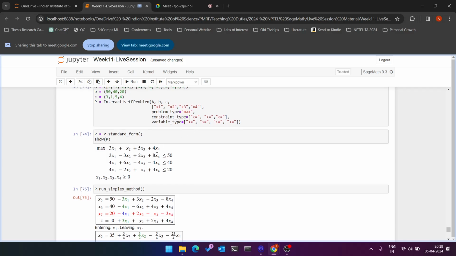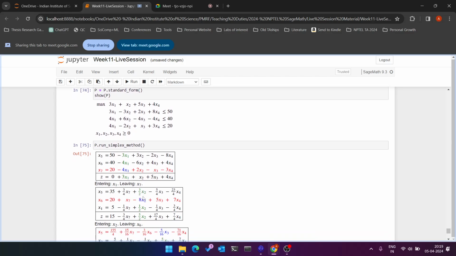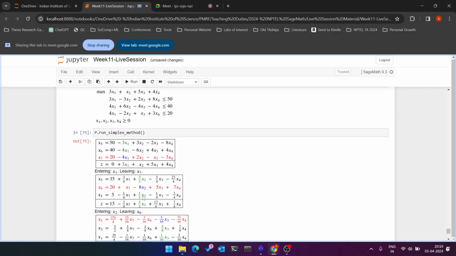So x1, x2, x3, x4 are my original variables, x5, x6, x7 are my corresponding slack variables to convert these inequalities into equalities. We look at the objective function, and ideally we'll be trying to maximize it. To do so, we'll be looking at which of the coefficients from x1, x2, x3, x4 is the largest positive.